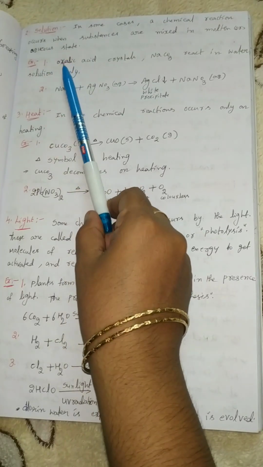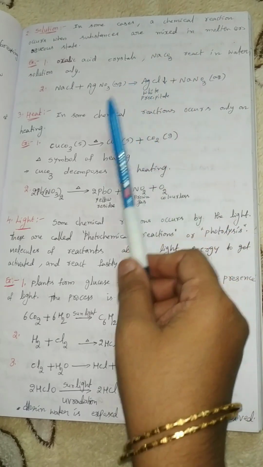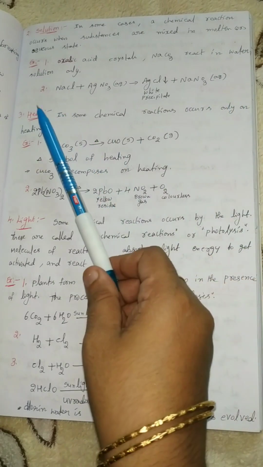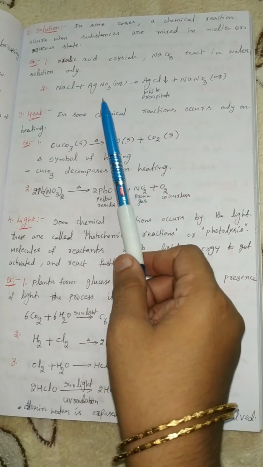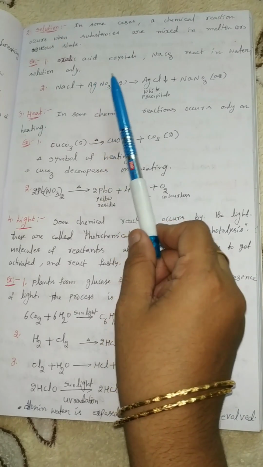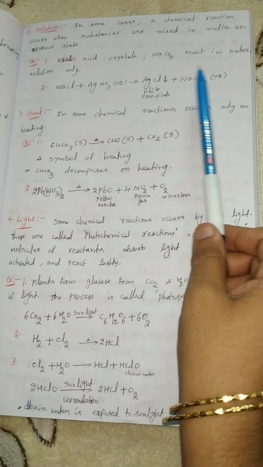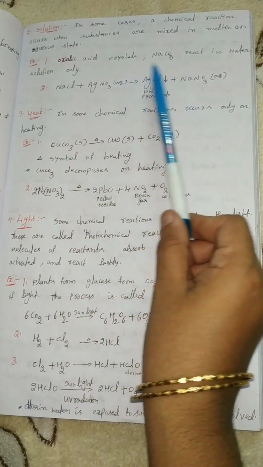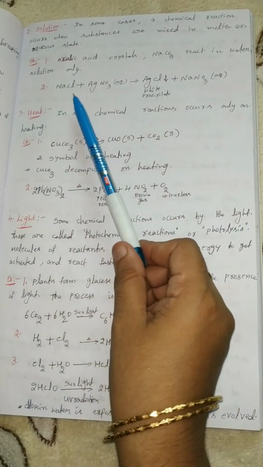Second one, solution. In some cases, a chemical reaction occurs when substances are mixed in molten or aqueous state. Aqueous means liquid state. For example, oxalic acid crystals and Na2CO3, sodium carbonate, react in water solution only. So these two react in the water solution.